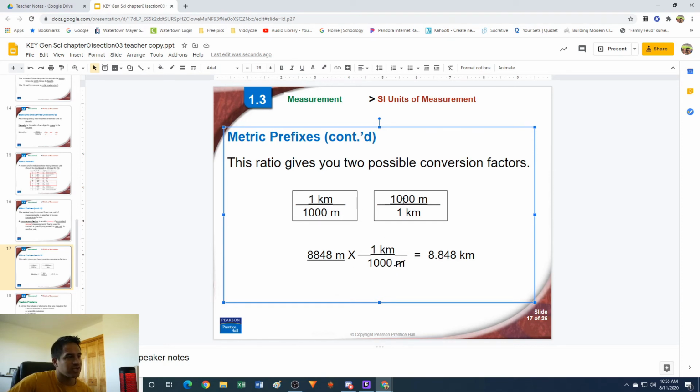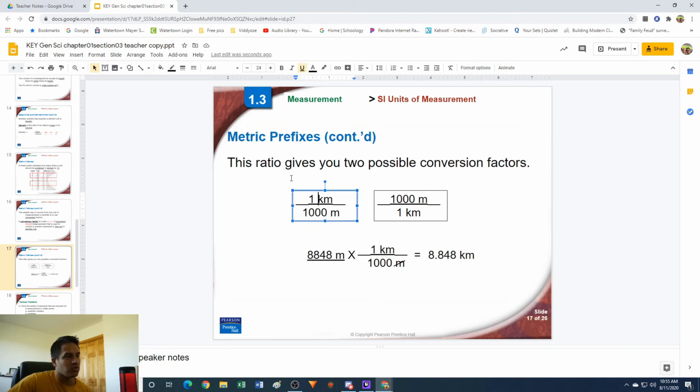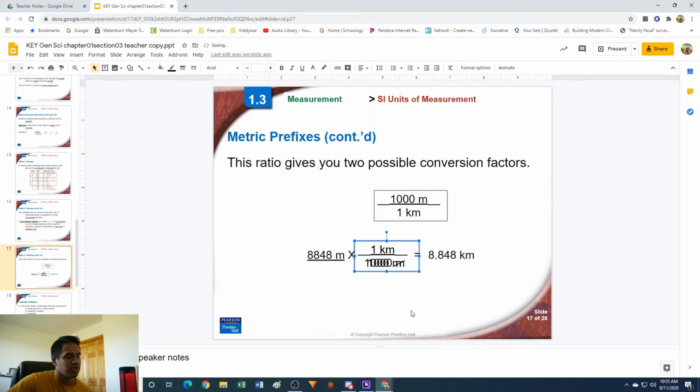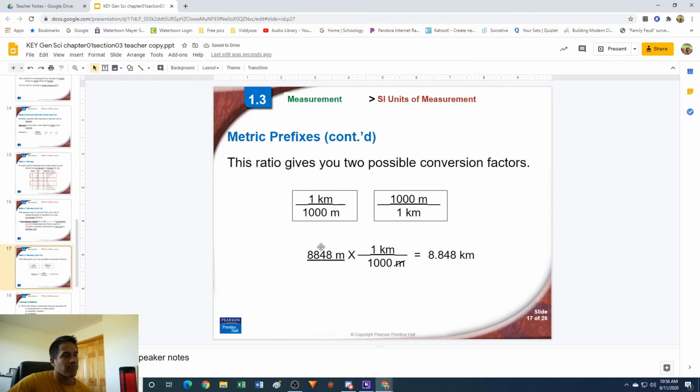Of these two fractions, this one over here has meters on the bottom. Since we're starting with a number in meters, we want to use the conversion that has that same unit on the bottom. So we take this fraction and we put it down here, like this. And then at that point, we just do a simple multiplication problem.